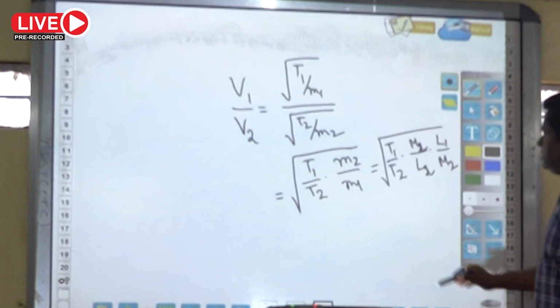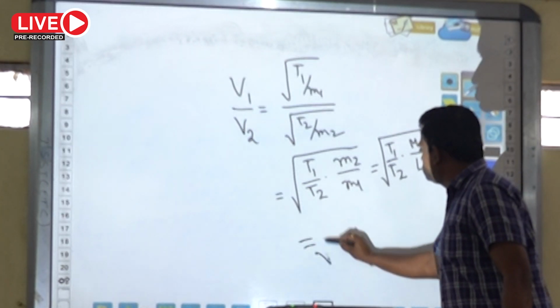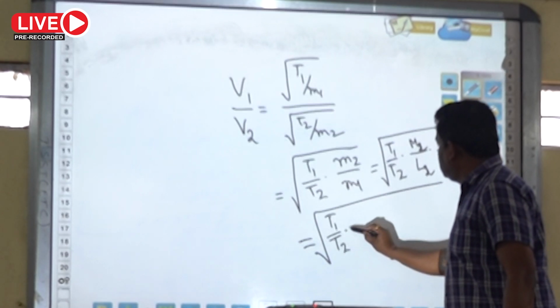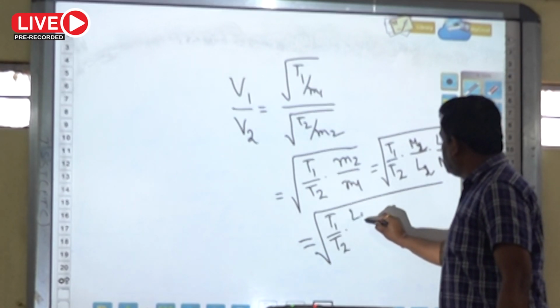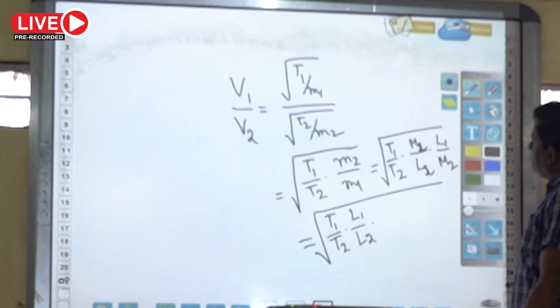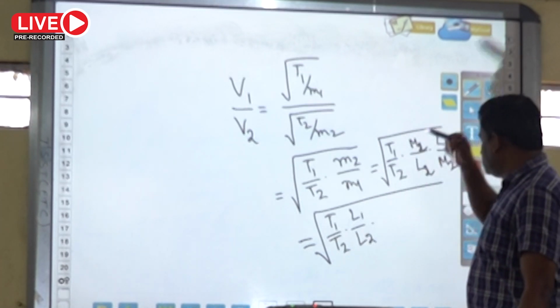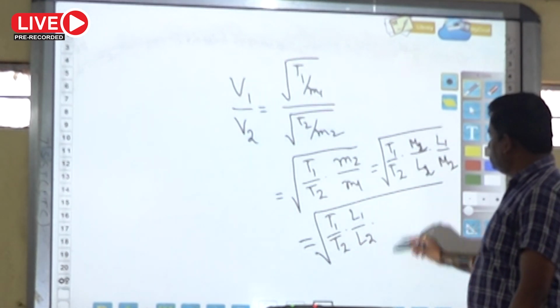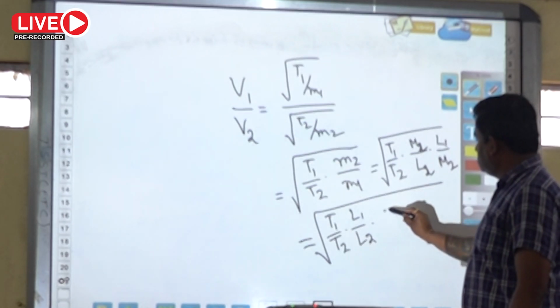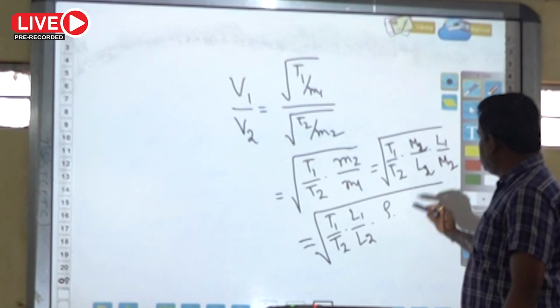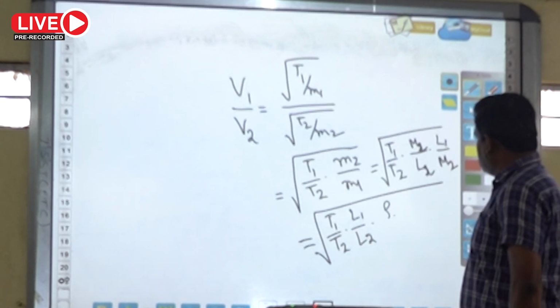Then we can write this as root over of T1 by T2 into L1 by L2 into M2 by M1. Since the material is the same, the density is same, so mass equals density rho into volume.